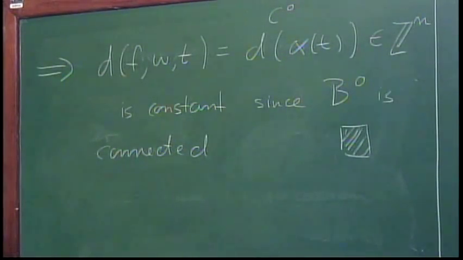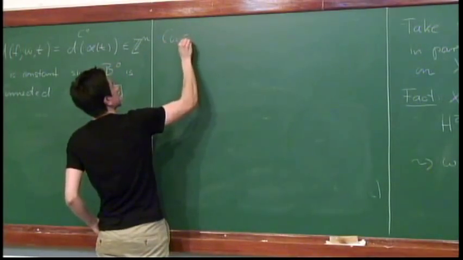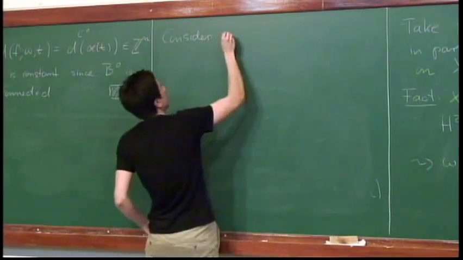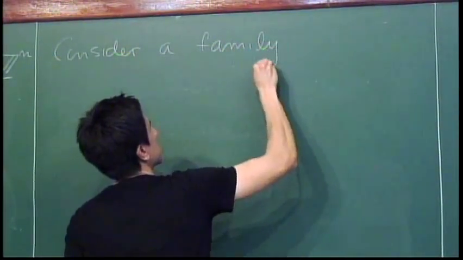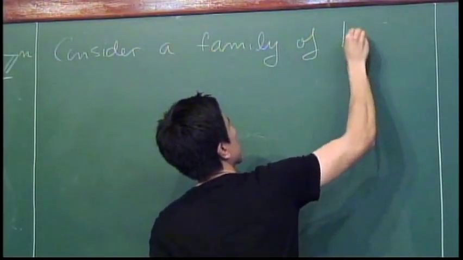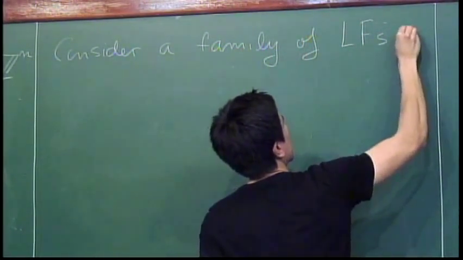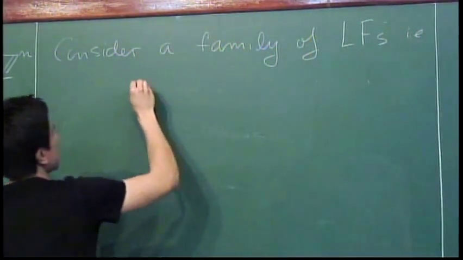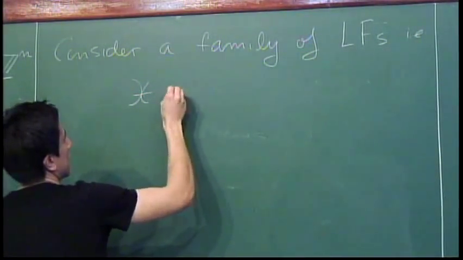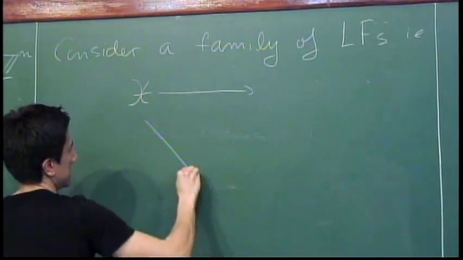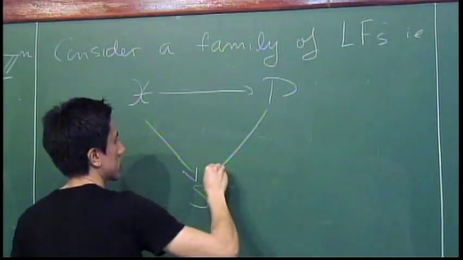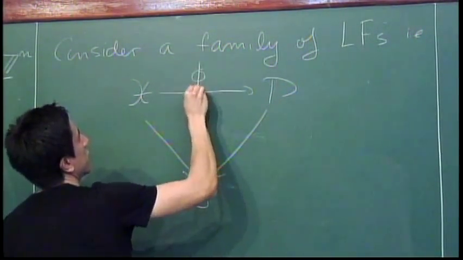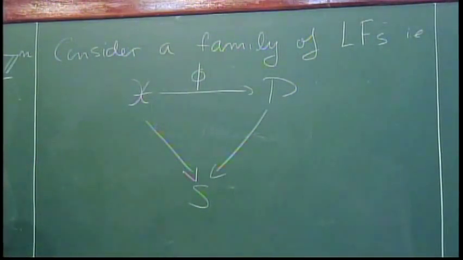If you consider a family of Lagrangian fibrations, this just means we have such a morphism, and phi is a holomorphic map.